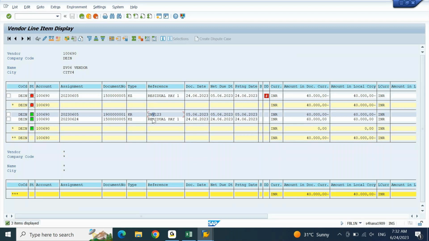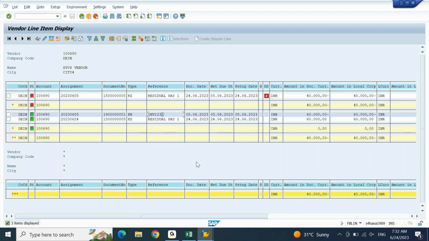If you check INV 123, let's say you have updated INV 123, which is already showing as cleared. You can see this as green. According to you, when you see it green, you are under the impression that this is already paid, right?